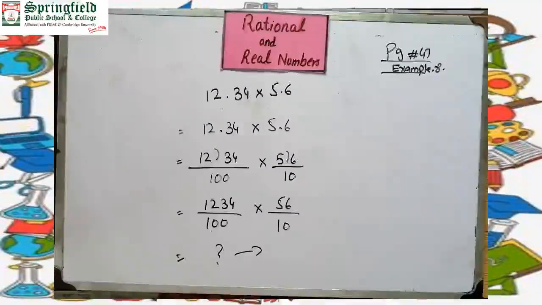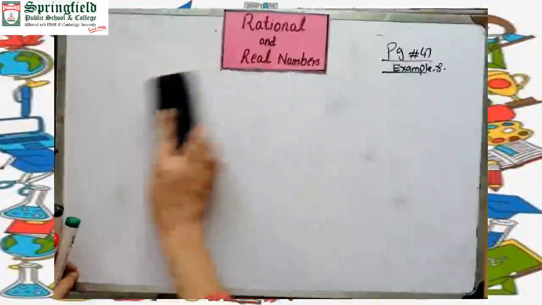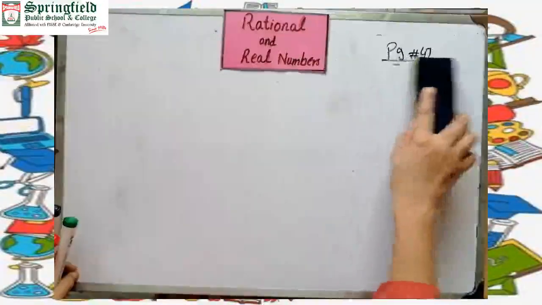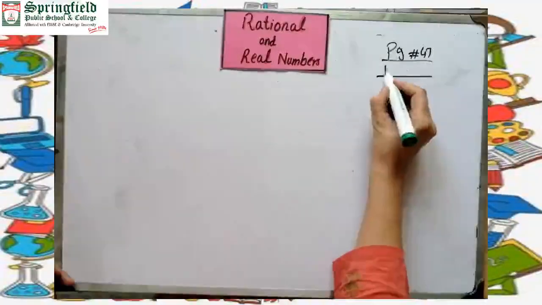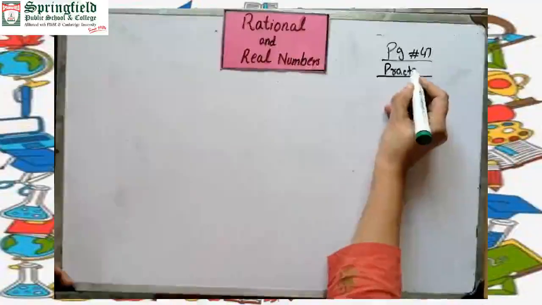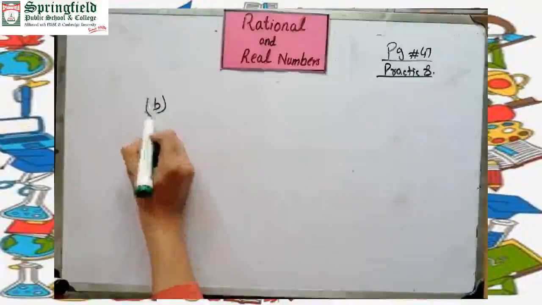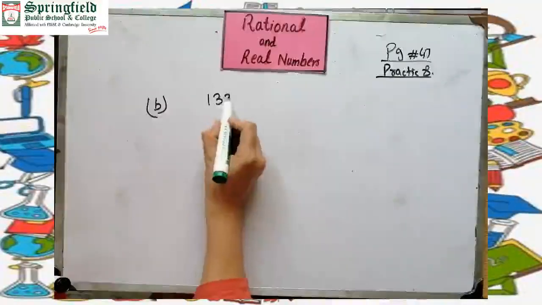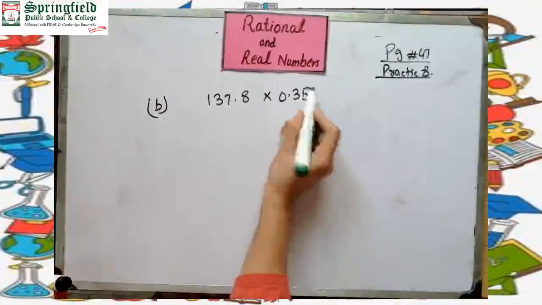Now practice number 8. It means practice questions, and practice question part B: 137.8 multiplied by 0.35.